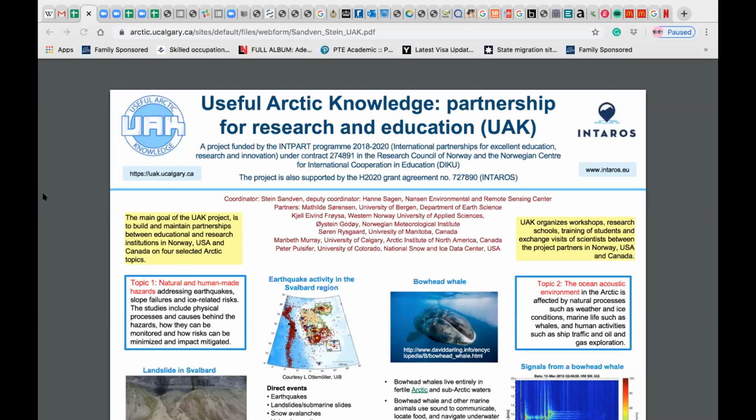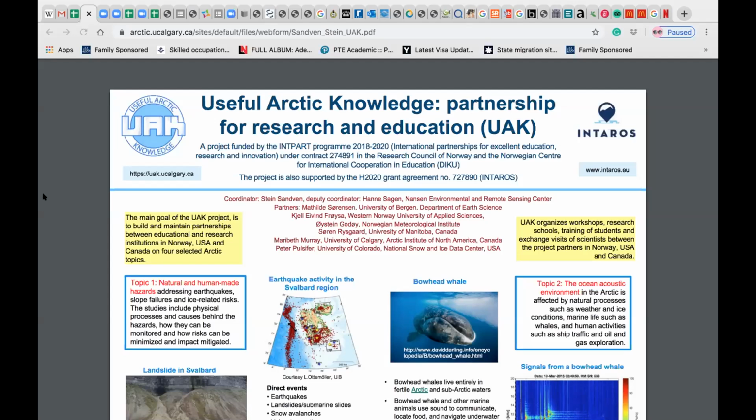The first topic is about natural and human-made hazards in the Arctic. We know, for example, that earthquakes are one of the issues, maybe not so much in the Arctic as other places on the globe, but there is an expectation that earthquakes can increase, especially as a result of the melting of the Greenland ice sheet that is changing the geophysics of the area.